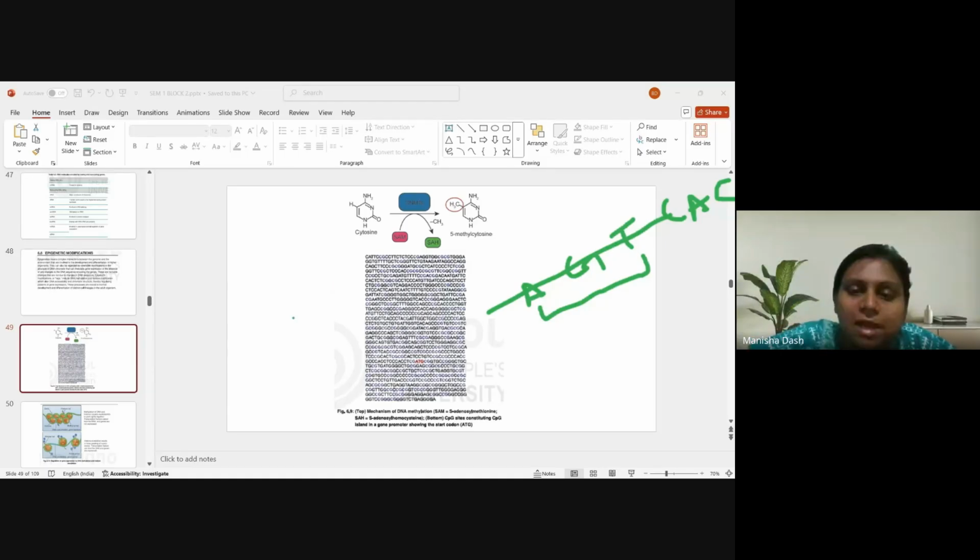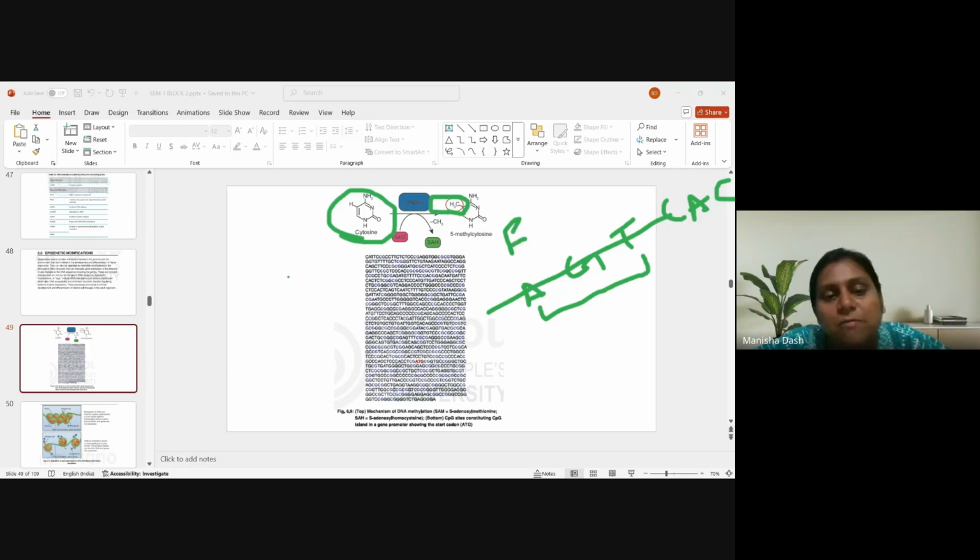If these DNA bases undergo chemical modifications, like you can observe here with the cytosine, where there has been an addition of a methyl group at the fifth position of the cytosine, this kind of modification is called an epigenetic modification.